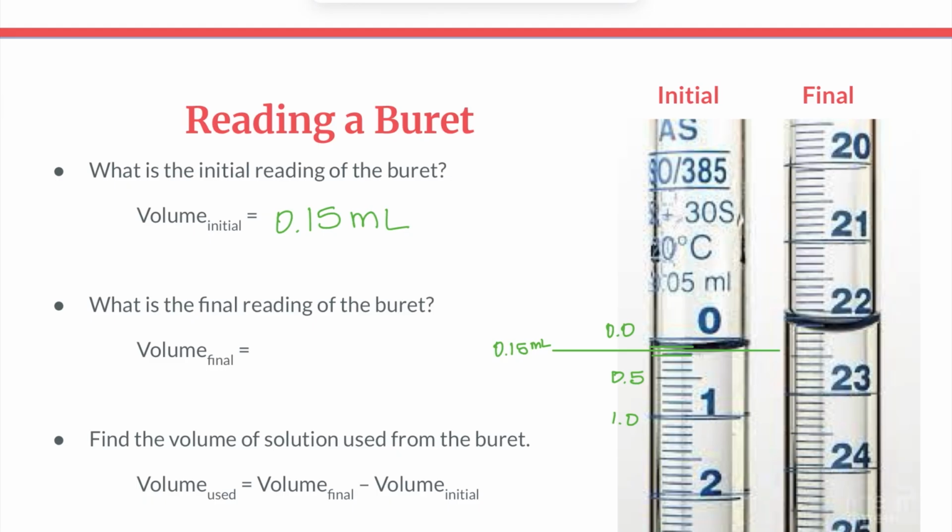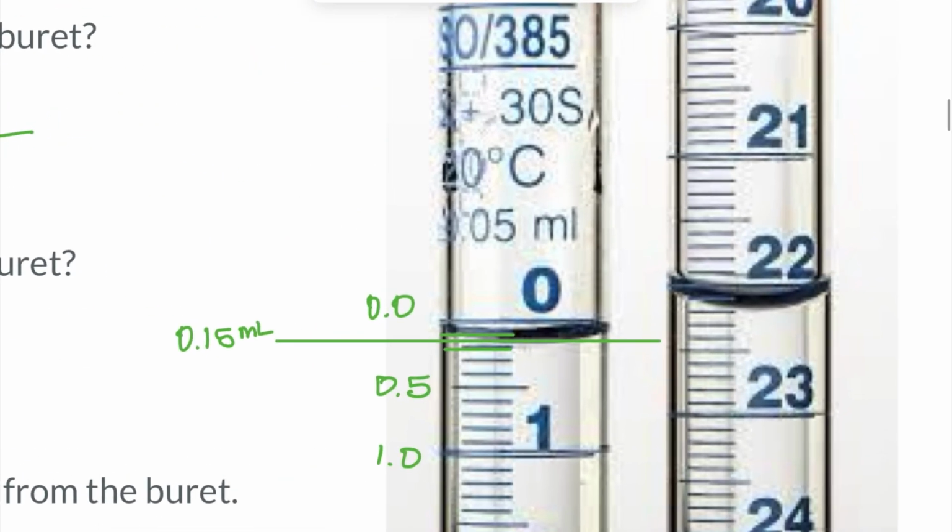And then let's do what is the final reading of our burette. Some of the solution has been let into that Erlenmeyer flask until we get the desired result. And now as I look here again, we're looking at the meniscus. So looking at the bottom of that curve, as I'm looking at my reading here, this is my 22 milliliters. So that's 22.0.